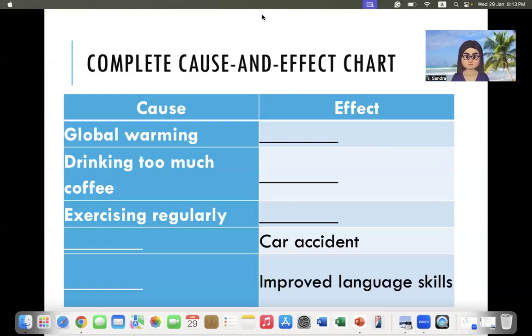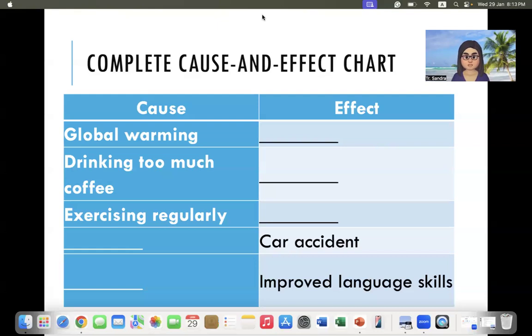Yes, teacher. We think the effects of exercising regularly will be reducing stress and anxiety, enhancing the immune system, and I also think it will make us more energetic and alert, teacher. Okay, thank you.